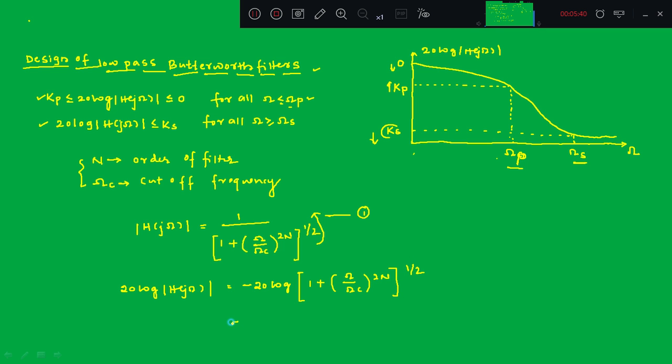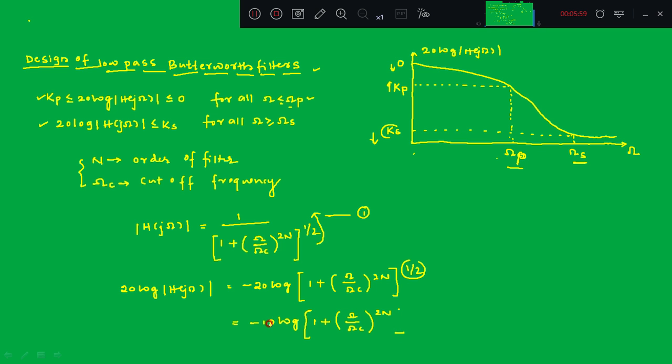So this raised to 1 by 2 becomes a multiplication here. So minus 20 into 1 by 2 is minus 10 log of (1 plus (omega by omega c) raised to 2n).